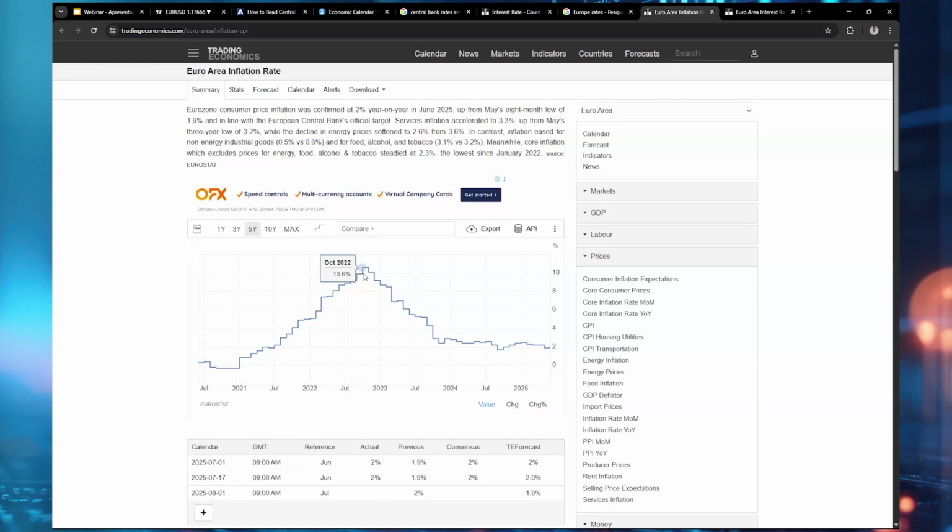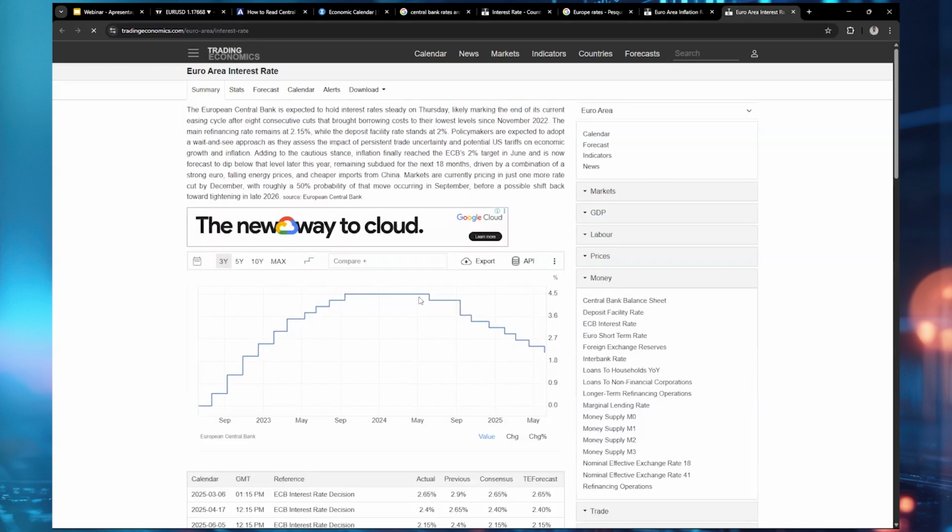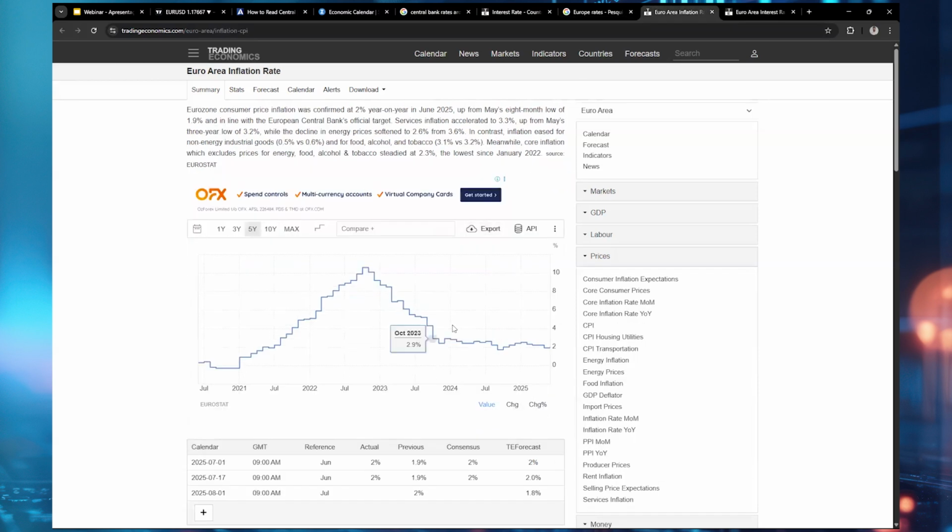As soon as the inflation started to decrease, 23, and then May 2023, June, July, August, September, October, November, December, January, February, March, April, May, I think was when they started to cut the interest rates, was in May 2024. Okay, so right here, May 2024, over there.